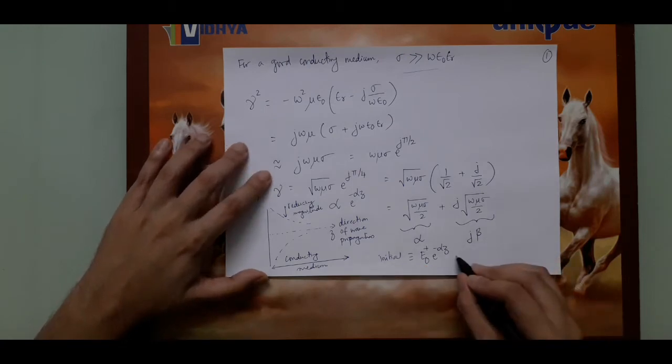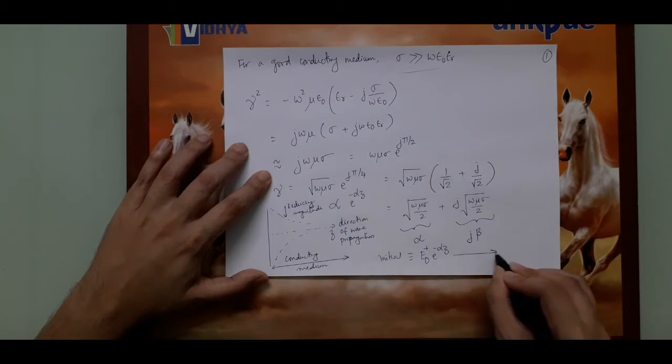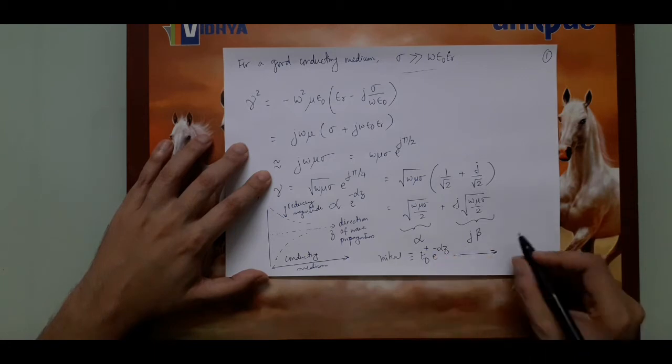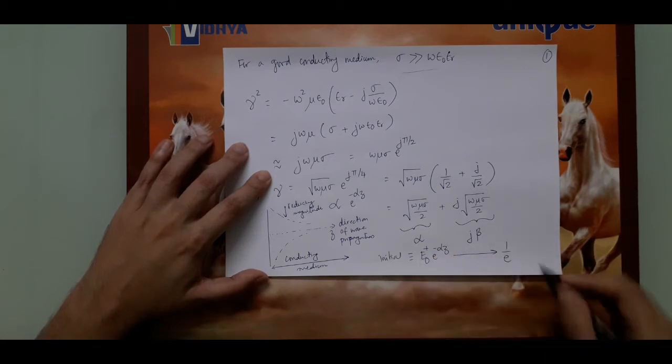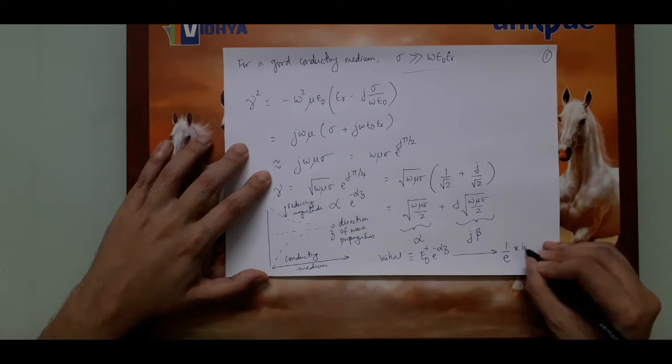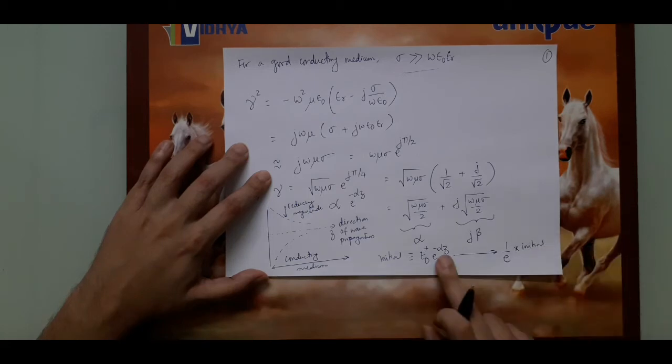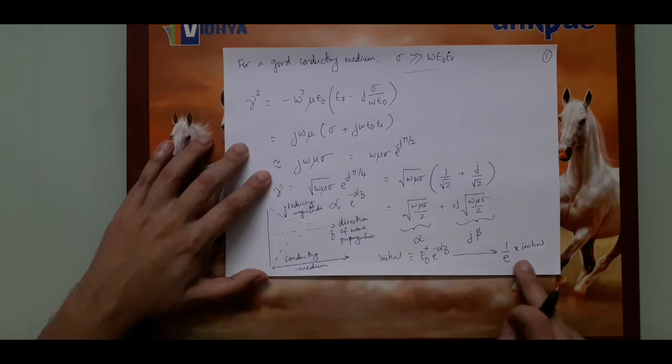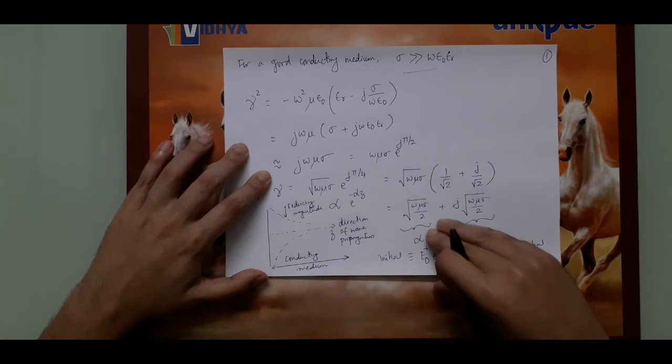Now we are interested in that value of z after which the magnitude of the field becomes 1 by e times the initial field. To have it 1 by e, the power of e must be equal to minus 1. So the distance over which that happens will be nothing but 1 by alpha.